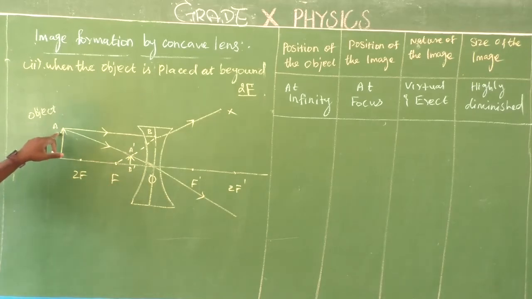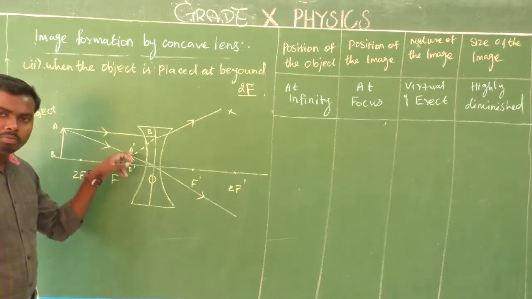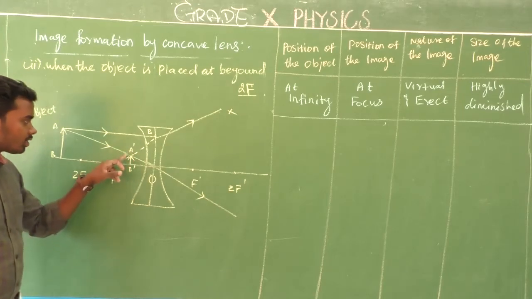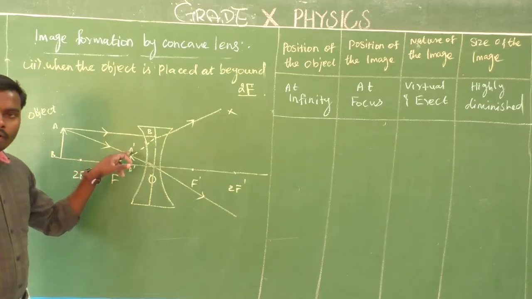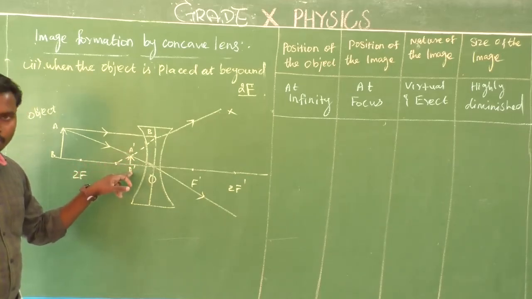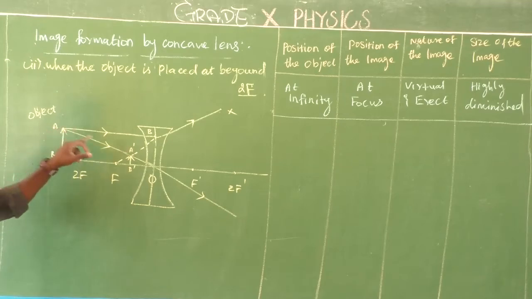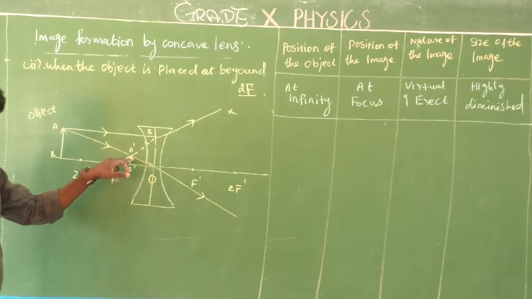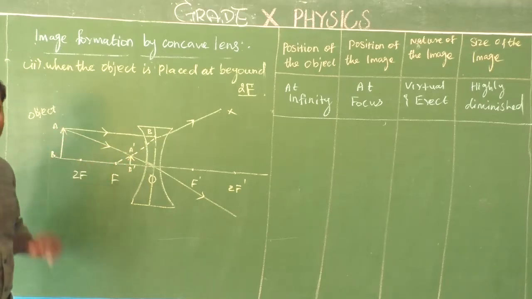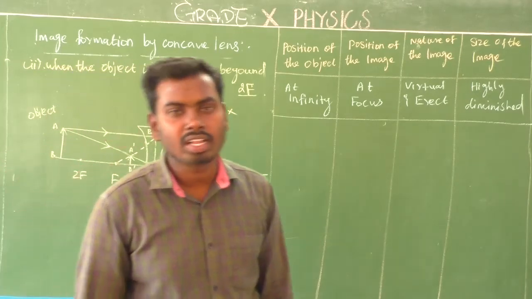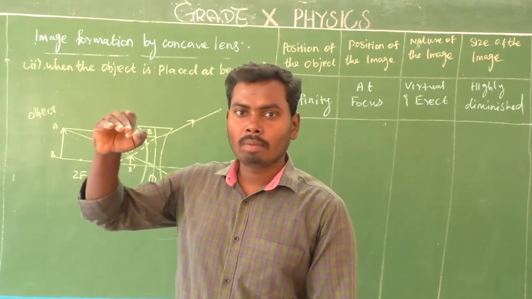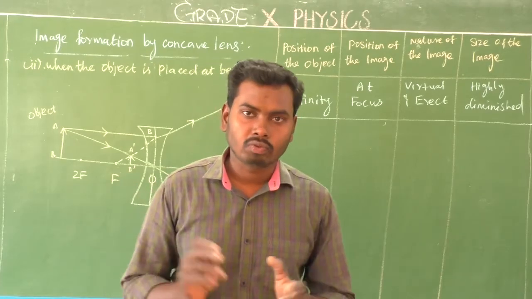The top of the object A is straight to the top of the image A dash, and the bottom of the object B is straight to the bottom of the image B dash. So this image is considered as a virtual image, because that is formed above the principal axis. It's very simple.